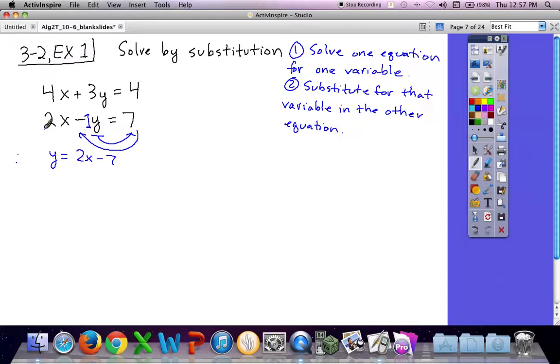Meaning, we solved the second equation for y, so now we know y equals 2x minus 7. So in the first equation, in the place of y, put 2x minus 7. So I've just replaced this y with 2x minus 7.